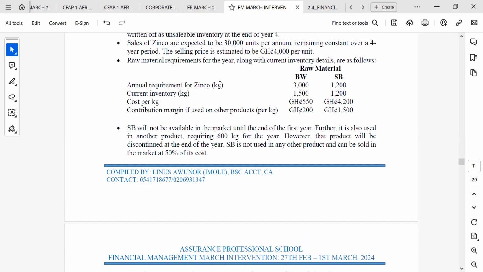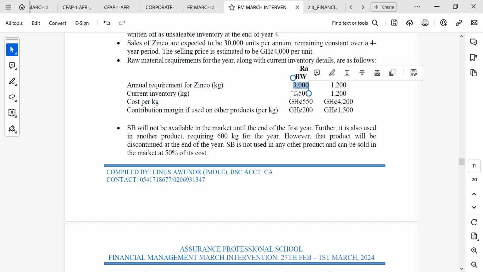Per kilogram, we are going to be using 0.1 per unit. So if you multiply the 0.1 per unit, you'll be getting your 3,000. Okay. So this is the annual demand.